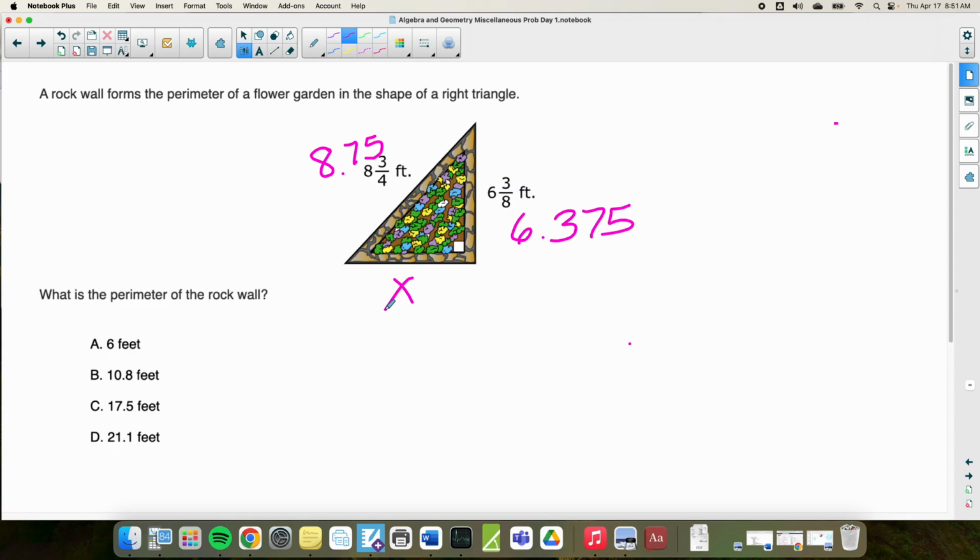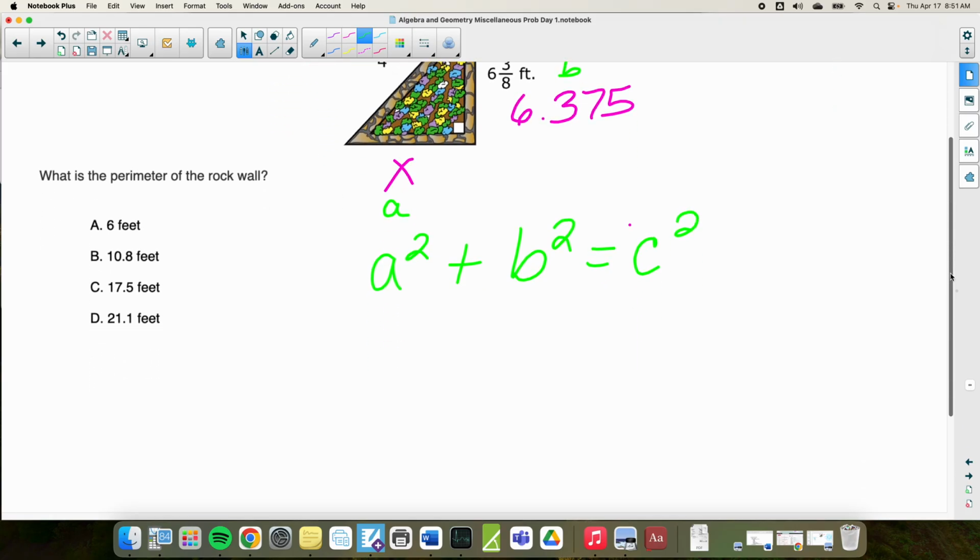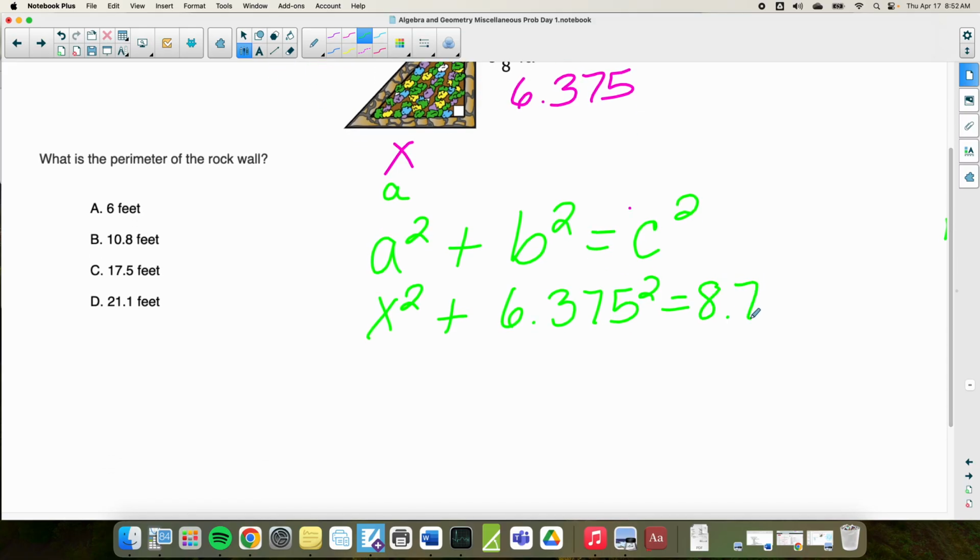So again, we're gonna do Pythagorean theorem, and this is my C. I'm gonna call this A and this B. So on this one again, I really think they'd give you a calculator. So A is x squared, B is 6.375 squared, and C is 8.75 squared.